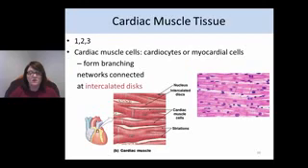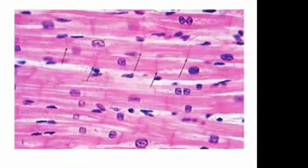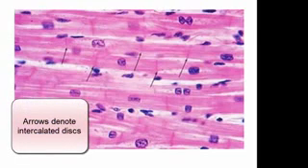Now, the cells here aren't long and thin like with the muscle fibers. Instead, the cells are kind of branchy, but each cardiac muscle cell is attached to its neighboring cell. And the attachment sites are very important. The attachment sites between two cardiac muscle cells are called intercalated discs.